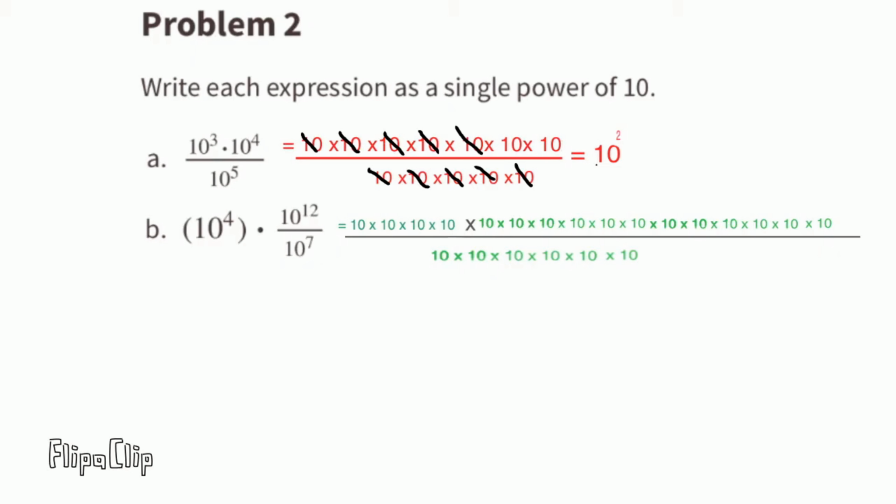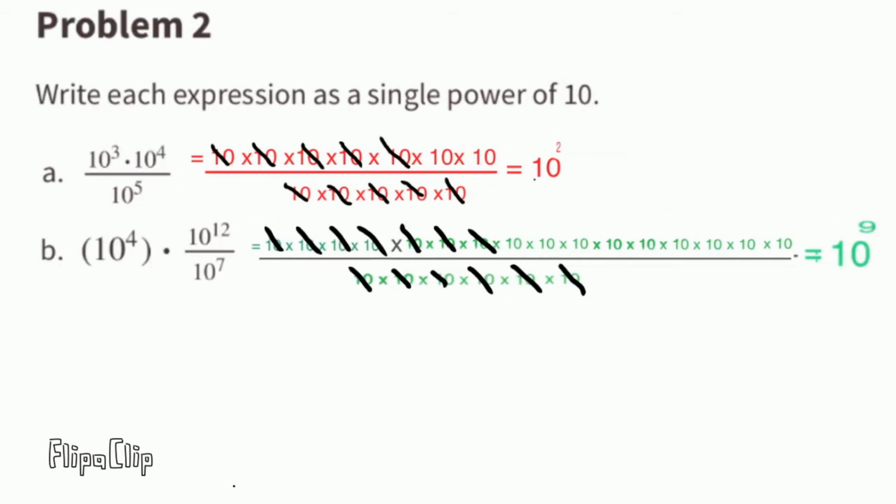And as it turns out, we have more on top, so all the ones on the bottom are canceled out, and 7 of them on top are canceled out. Since 16 minus 7 is 9, the answer is 10 to the power of 9 over 1, which is the same as 10 to the power of 9.